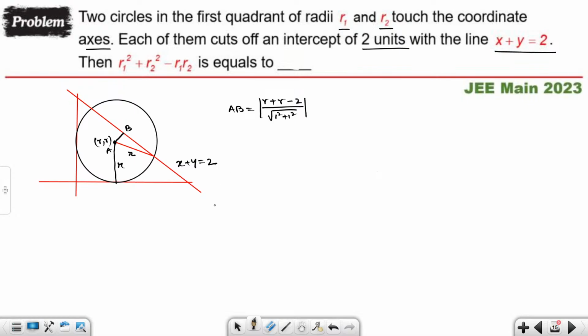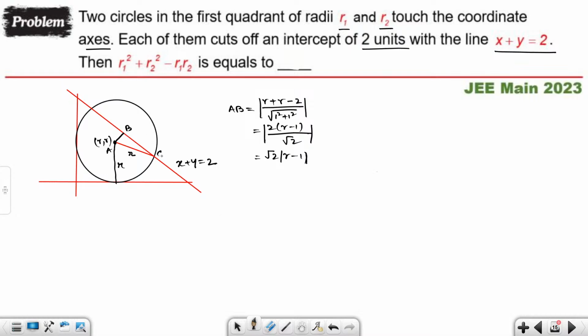This is our AB, which gives us root 2 mod r minus 1. Is it clear? This is the length AB.